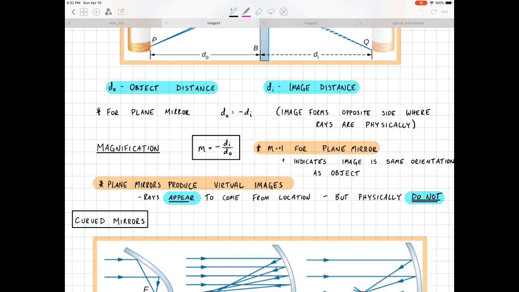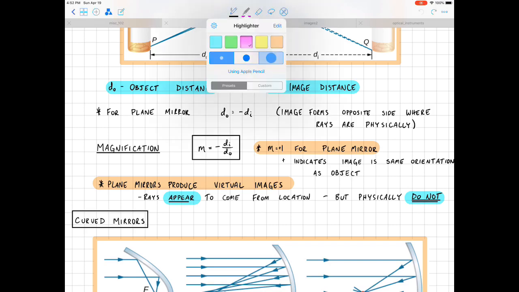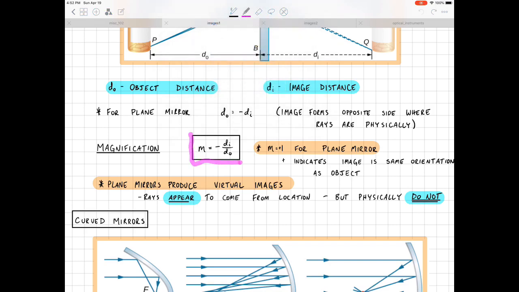And so the image magnification is given by this expression, just the ratio of the image and object distance. And so for a plane mirror, the ratio minus DI over DO is plus 1. So for a plane mirror, the magnification is 1.